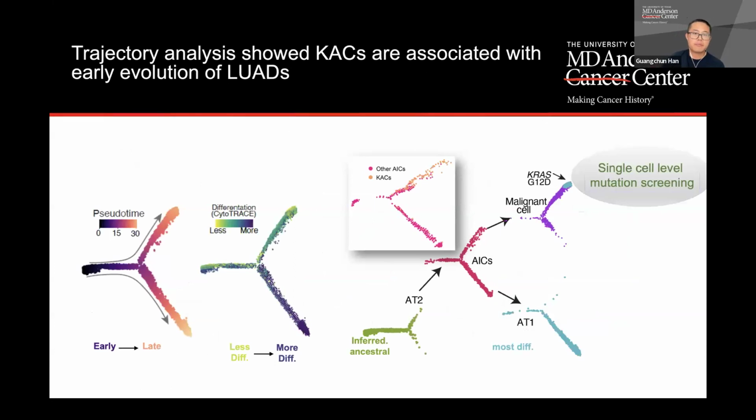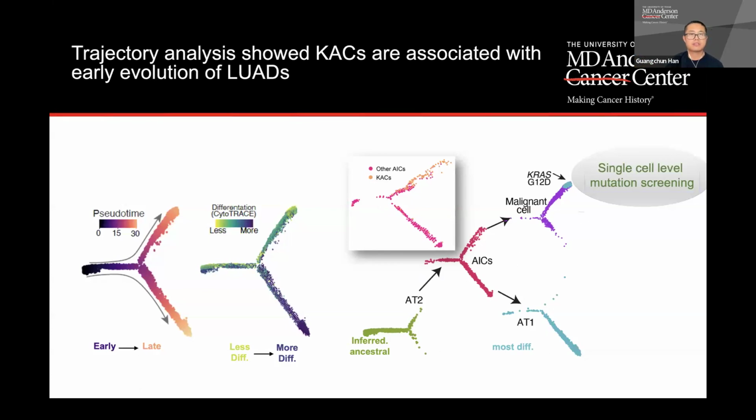And finally, if we map those CAC cells back to the trajectory we have predicted, we saw a clear trend. This inlet panel shows the cells that are identified as AIC, and the brown colored ones are the subset that are identified as CAC cells. You will see those CAC cells are more enriched in the malignant cell development branch.